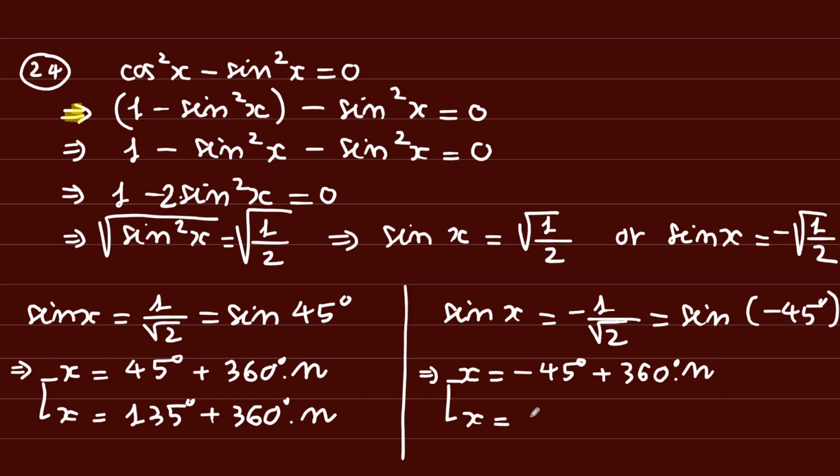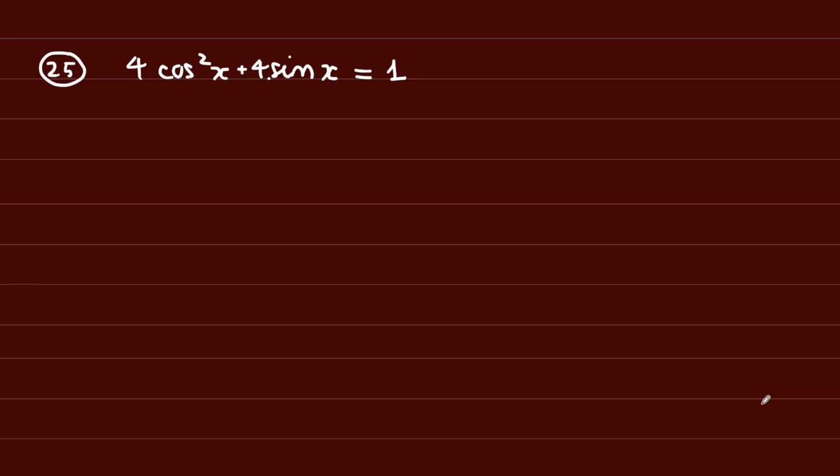And for the next one, you got 180 minus minus 45. Minus minus 45 means plus, so we have 225 degree plus 360 degree multiplied by n. Okay, that is question 24, the general solution for this question, and of course it is not easy, very difficult. So move to question 25.